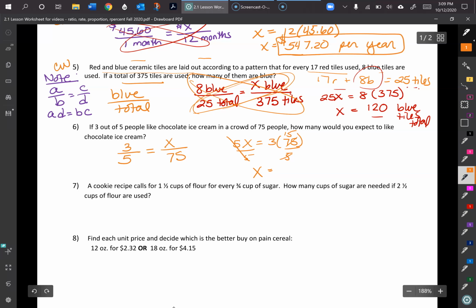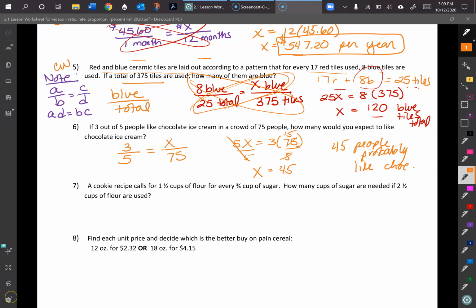And then 3 times 15 is going to give us 45. So then you would write a sentence: 45 people probably like chocolate. Okay, this is a brief sentence just to bring it together. Again, you can pause and do these on your own if you want.